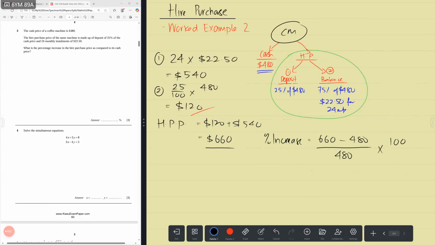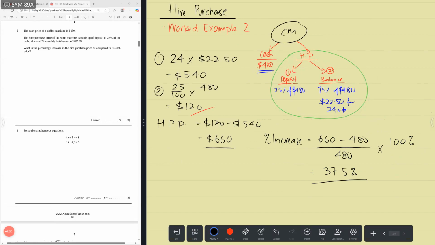Then you multiply by 100%. Use your calculator again. 660 minus 480 equals 180. Divide by 480, times 100%, is equal to 37.5%. That's a big increase in terms of the price.